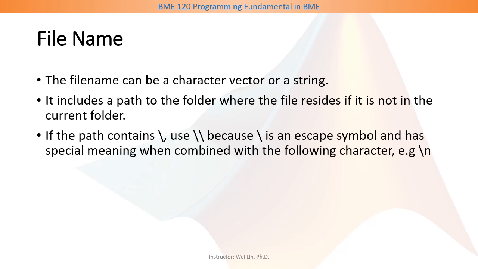Usually, the path contains a backslash. However, the backslash is an escape symbol and has special meaning when combined with the following character. For example, backslash n means new line. Therefore, you need to use a double backslash to represent a true single backslash in the string or character vector.